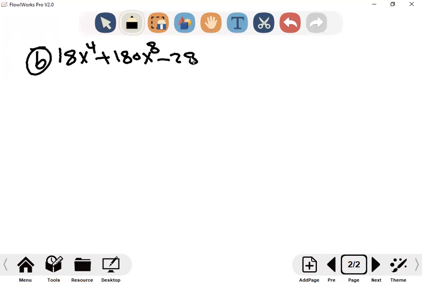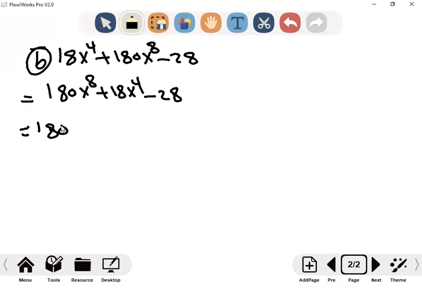So let's prepare it first. Here we have 180 x power 8 plus 18 x power 4 minus 28, right? I want something power 2. So the 8 is 4 power 2, right? So this is 180 x power 8, I'll make it x power 4.